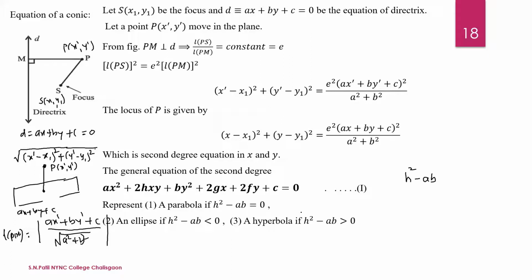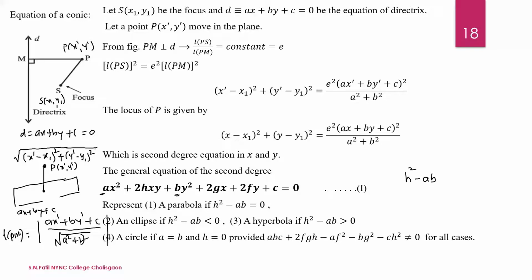And if it is positive, h square minus ab strictly greater than 0, that is the hyperbola. Okay. Now, if a is equal to b, the coefficient of x square and the coefficient of y square are the same, and provided the condition abc plus twice fgh minus af square minus bg square minus ch square is non-zero. Okay, this condition is provided for all the cases.